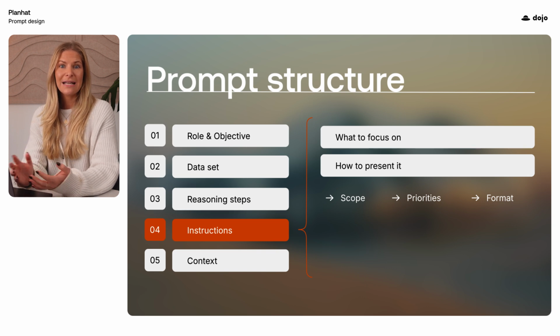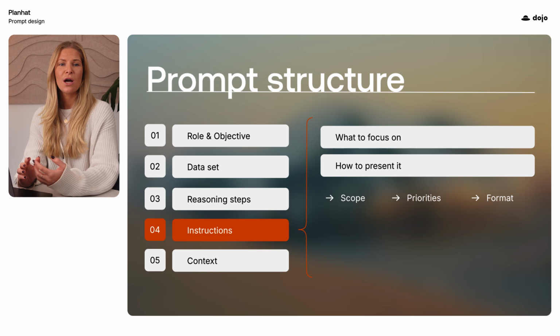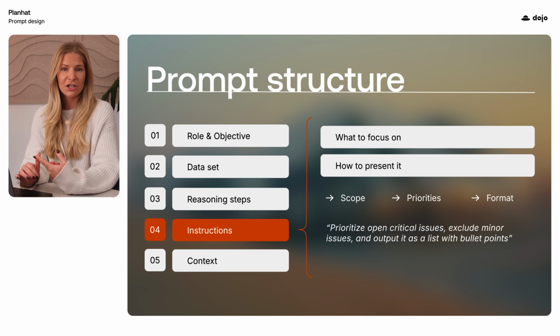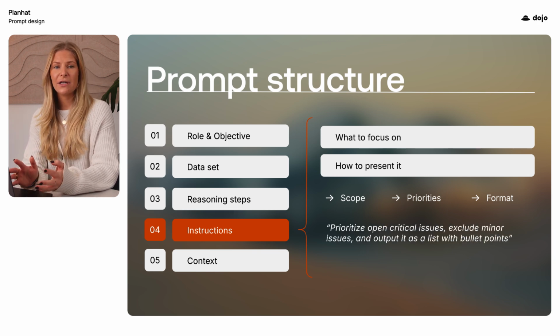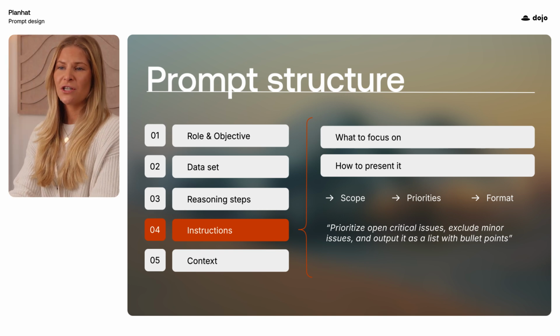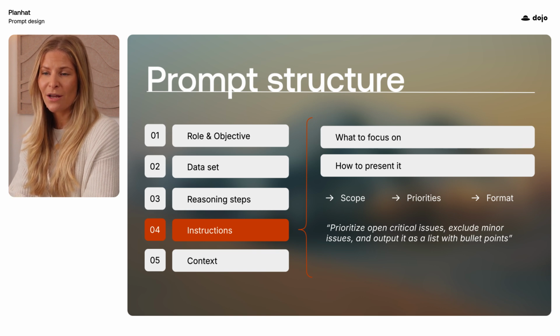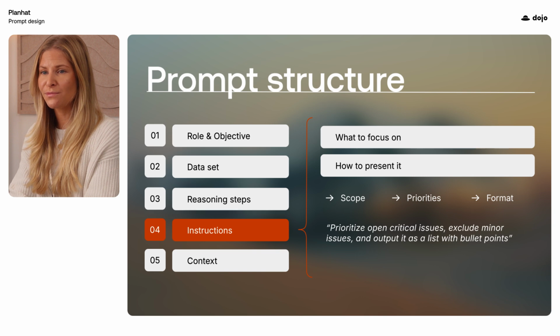So, for example, instead of saying summarize these issues, you should tell it to prioritize open critical issues, exclude minor issues, and output it as a list with bullet points. Think of instructions as your final brief. You're telling your new hire exactly what you want the deliverable to look like, not just what problem to solve.